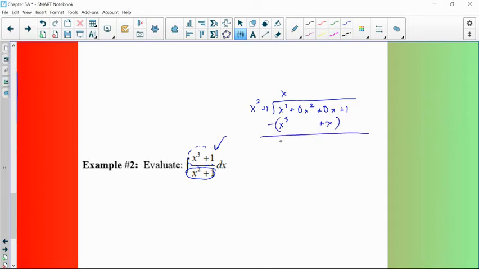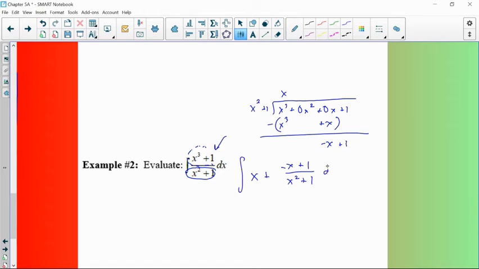Obviously the x cubes cancel, 0 doesn't affect us, but we get 0 minus x, so negative x, and we drop down our 1. So now what I have is this when divided by that. This is equivalent to x plus negative x plus 1 over x squared plus 1. And this is what I want to integrate.